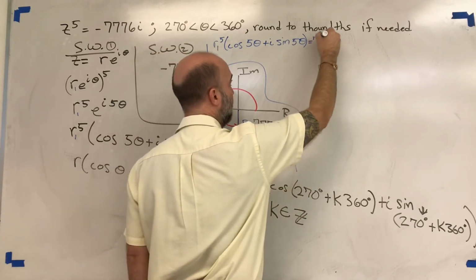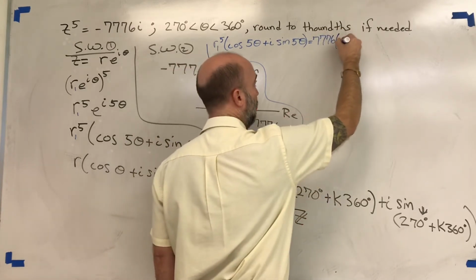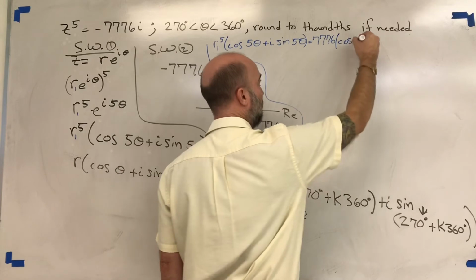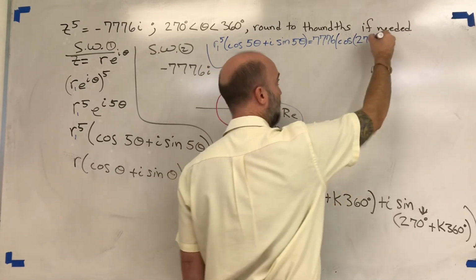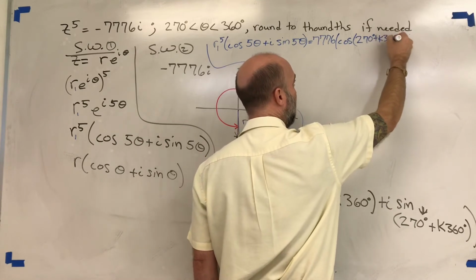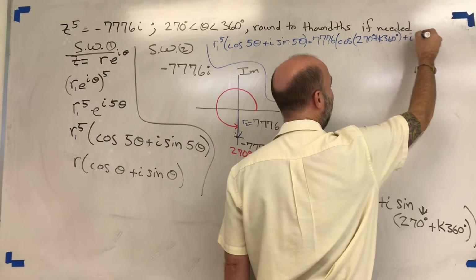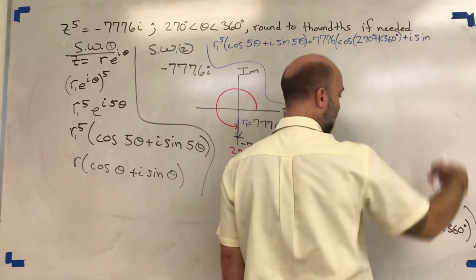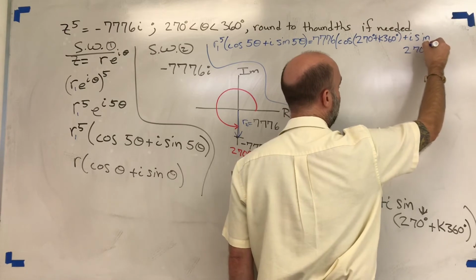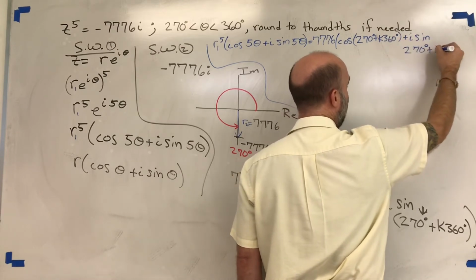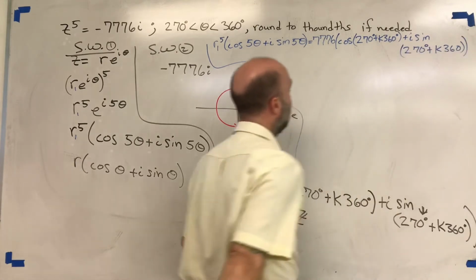So 7,776 cosine of 270 degrees plus k 360 degrees, plus i sine, and then it's this guy, 270 degrees, the argument, plus k 360 degrees in final parenthesis.